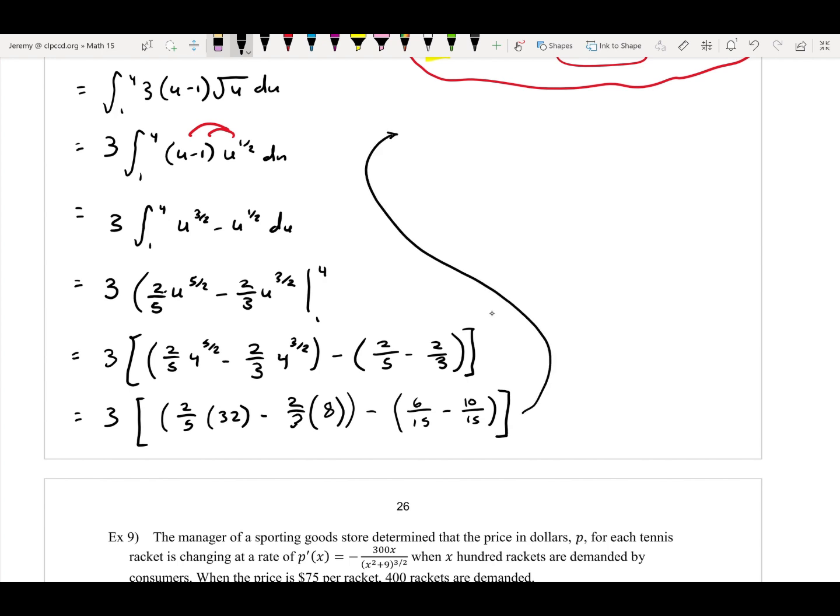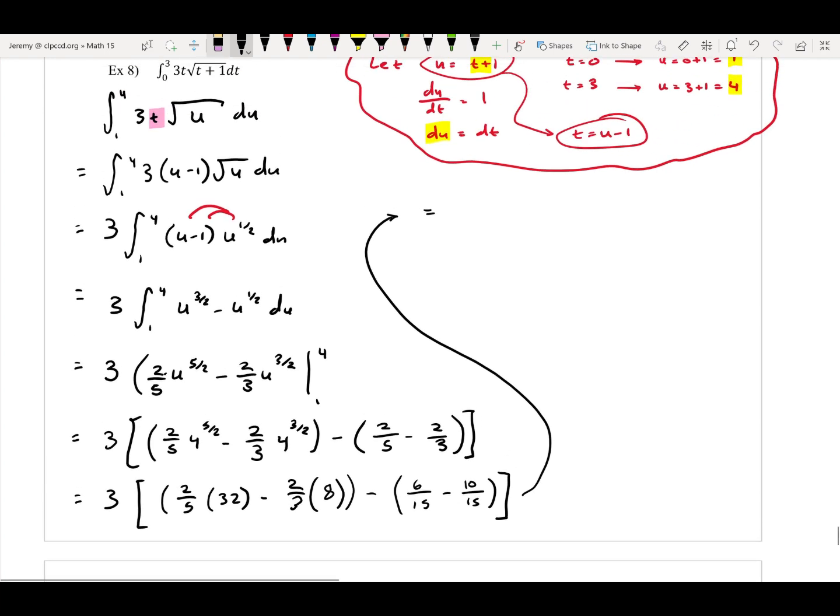And I'll keep working up here. I keep writing too big. I don't think I write this large on a normal piece of paper. All right, and just keep grinding here. Multiplying 2/5 and 32. Distribute this negative.